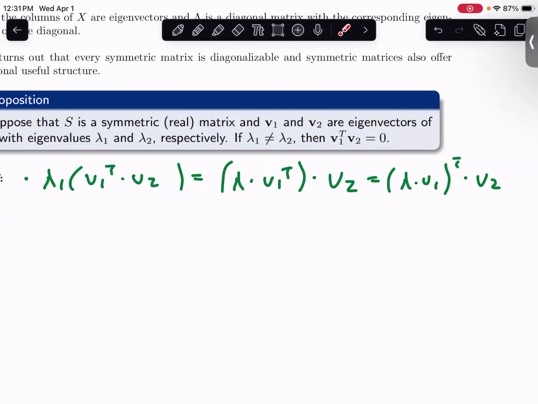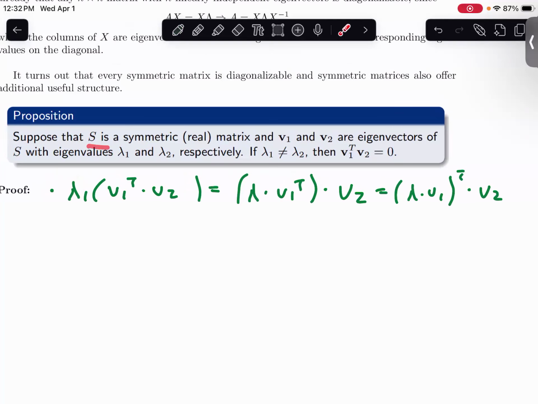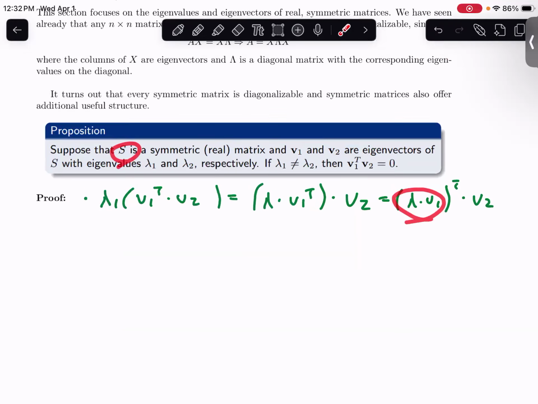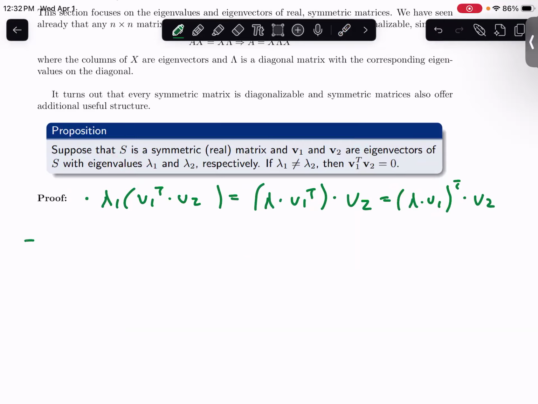So the reason why I'm writing it in this way is we're assuming that S has an eigenvector given by V1 with eigenvalue lambda 1. So we have lambda times V1 here. So you can use the definition of eigenvalues and eigenvectors to rewrite this in terms of S instead. So this is the same thing as having S times V1, transposed, times V2.